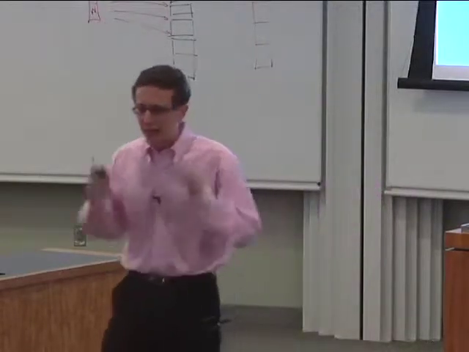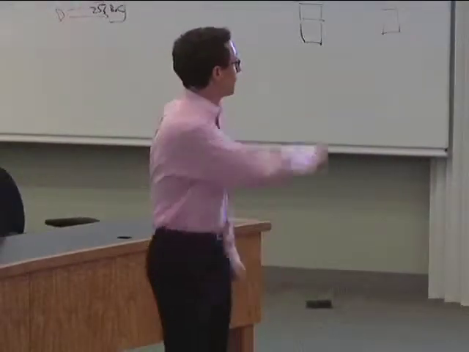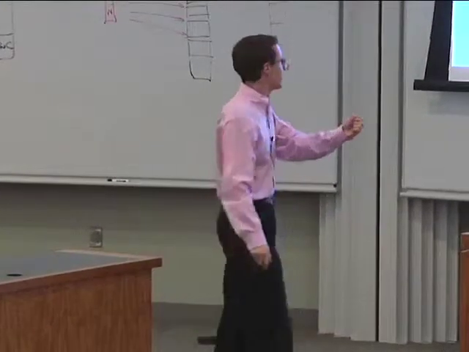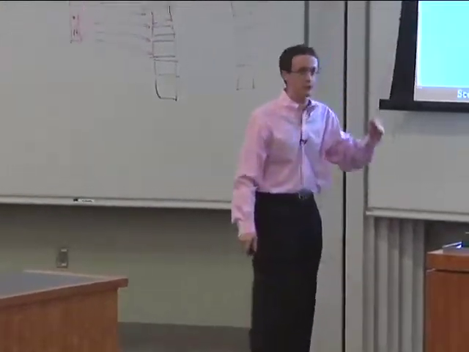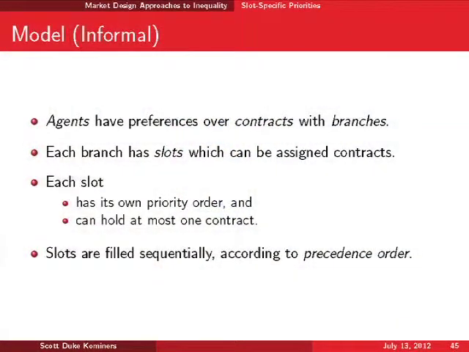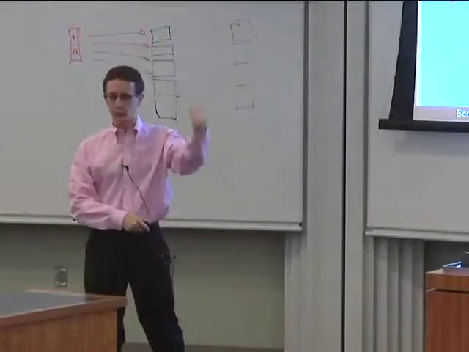Anyhow, so agents are going to contract with branches. Branches have slots. So this is this disaggregation that Peter was getting at. We're going to break everything down to the slot level, and every slot will have, in principle, its own priority order. Okay? And each slot can hold at most one contract. So there are going to be a bunch of different positions at a school.